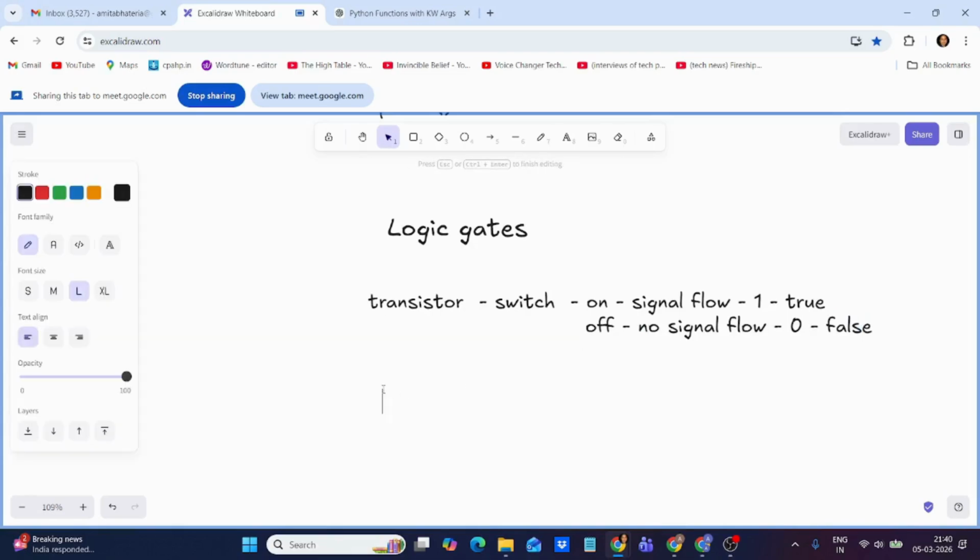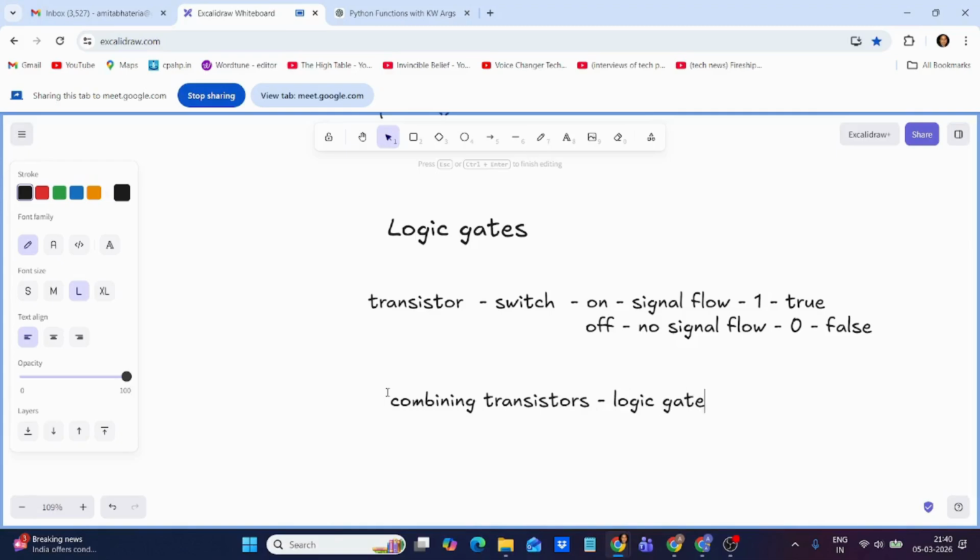In logic gates, by combining different transistors we can form a logic gate.